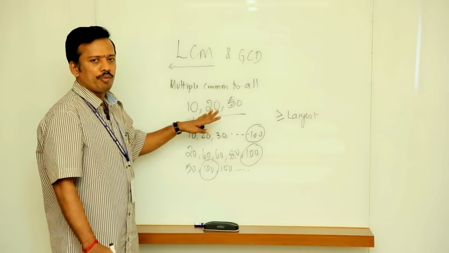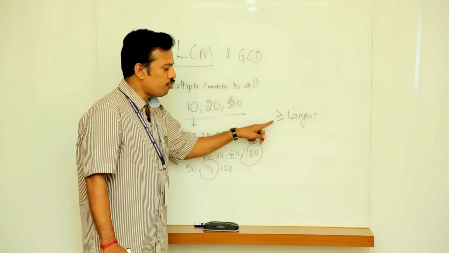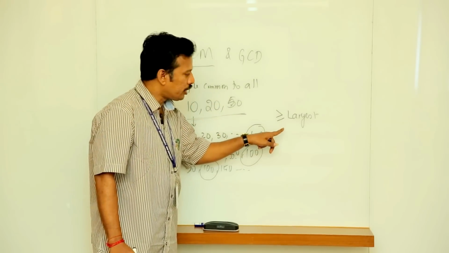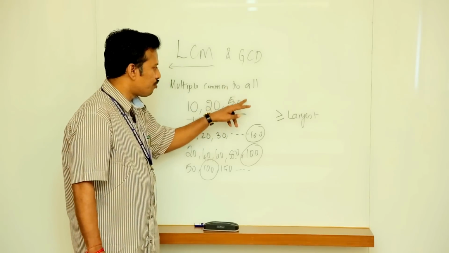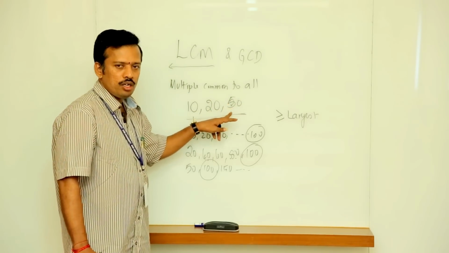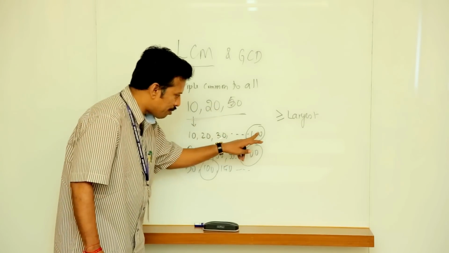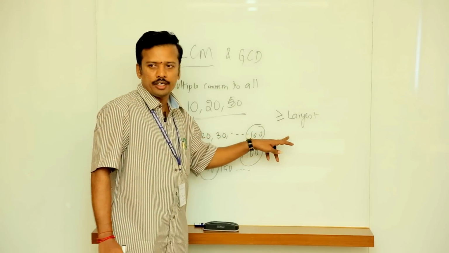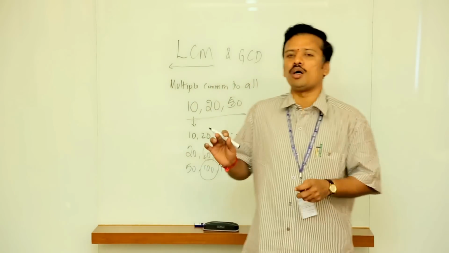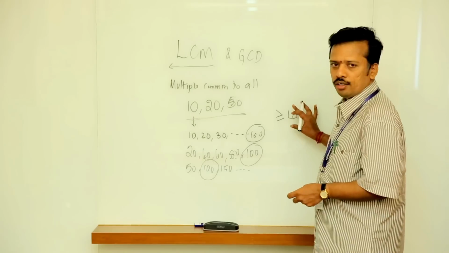For any set of numbers, the LCM is greater than or equal to the largest of them. Here the largest is 50, but 50 is not a common multiple. The very first common multiple you come across is 100, which is greater than or equal to the largest number given. So, LCM of the numbers is 100.